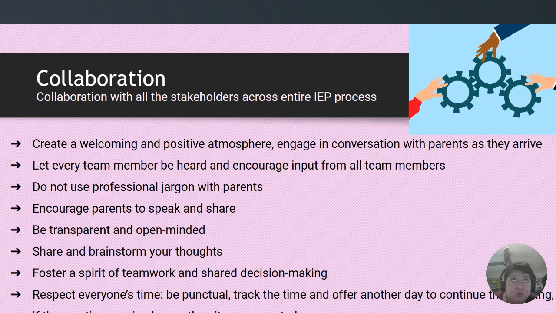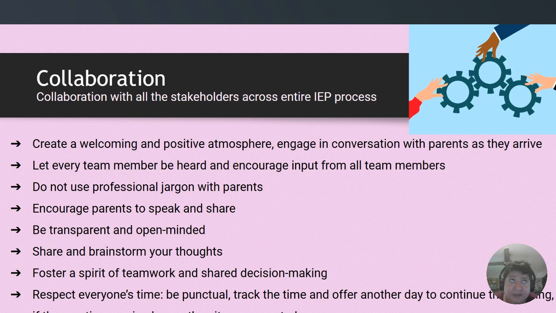We, as teachers, shouldn't use any language which can be difficult to understand, any professional jargon. We need to be very transparent and open-minded, and we need to share and brainstorm ideas rather than argue or prove something, and of course foster a spirit of teamwork.